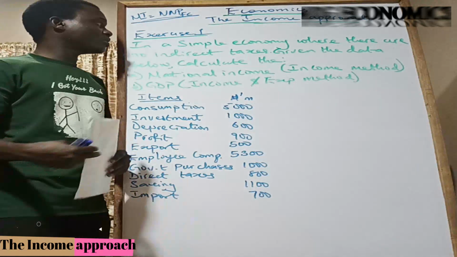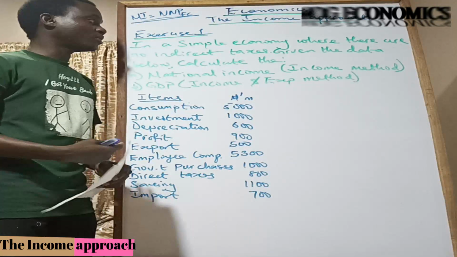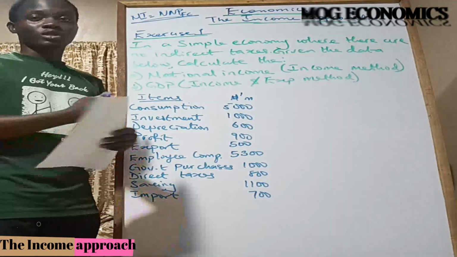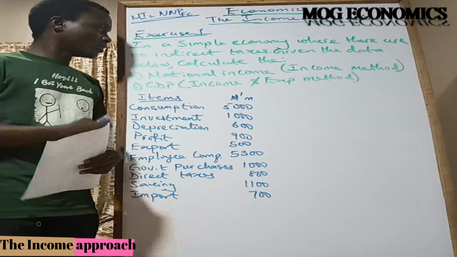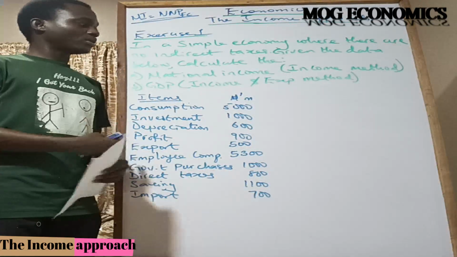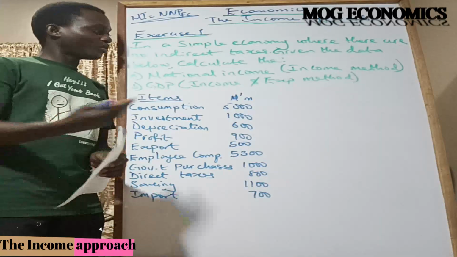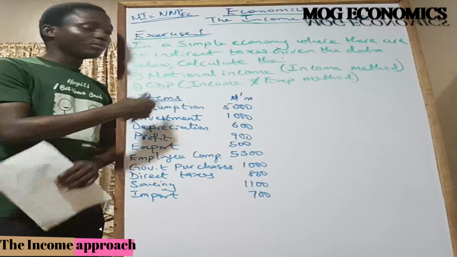The question says, in a simple economy where there are no indirect taxes, that is, you don't have tax on goods and services, given the data below, A, calculate the national income using the income method, which was what we learned in the last lesson, and B, calculate the GDP using both the income method and the expenditure method. EXP is expenditure; I shortened it due to space. We have a couple of items in millions of naira.